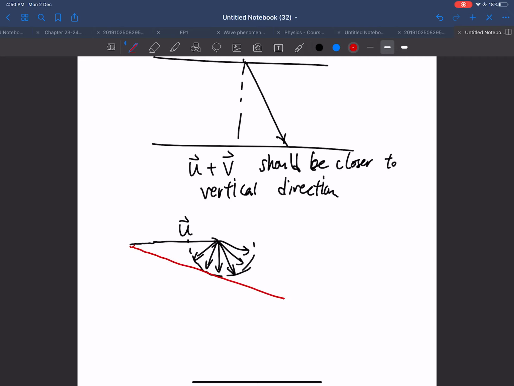Because if you look at the other lines, they are more horizontal. So the velocity you should choose is the direction along the vertical here. Very, very tricky.